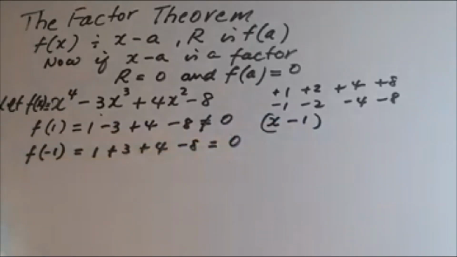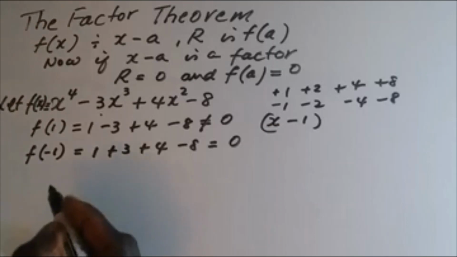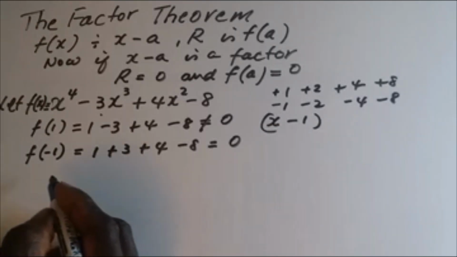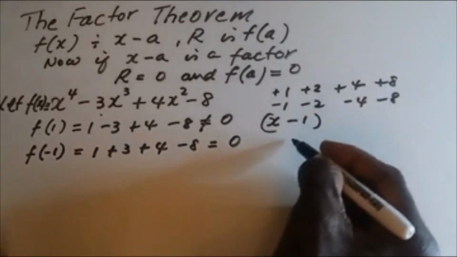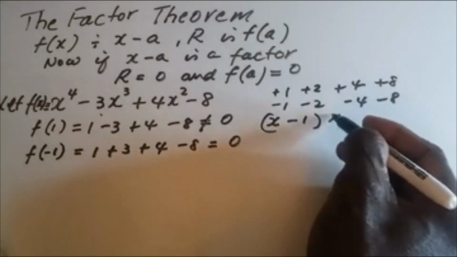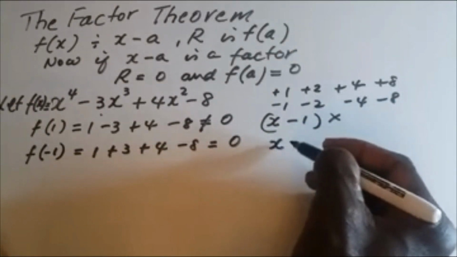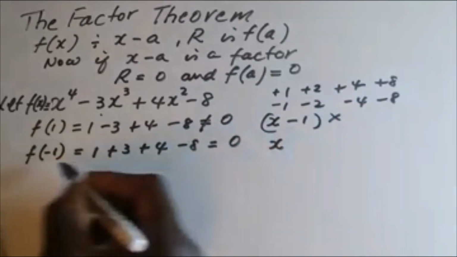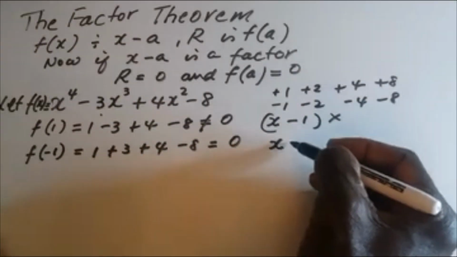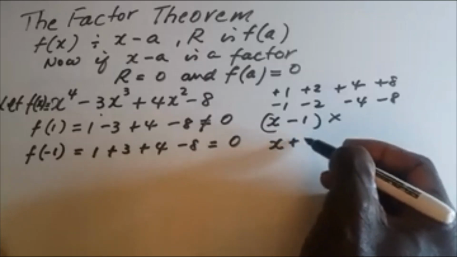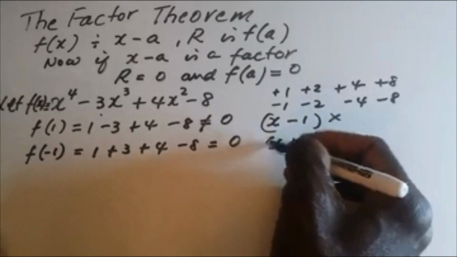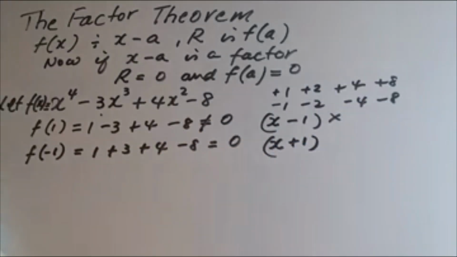So we know that negative 1 is a valid value for a. So x minus a is x minus minus 1, which is x add 1. So we know x add 1 is a factor of this polynomial.